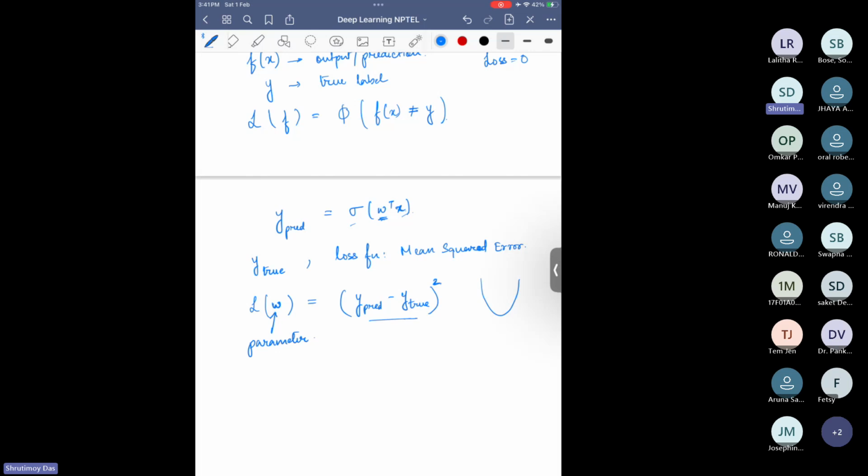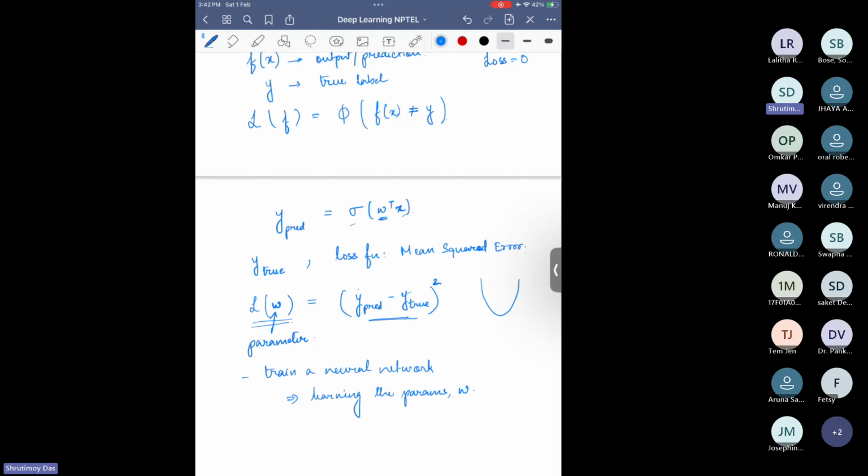So when we say we train a neural network, it implies that you are learning the parameters w, because this loss function will only change when, so y true cannot change, only y pred can change, right?